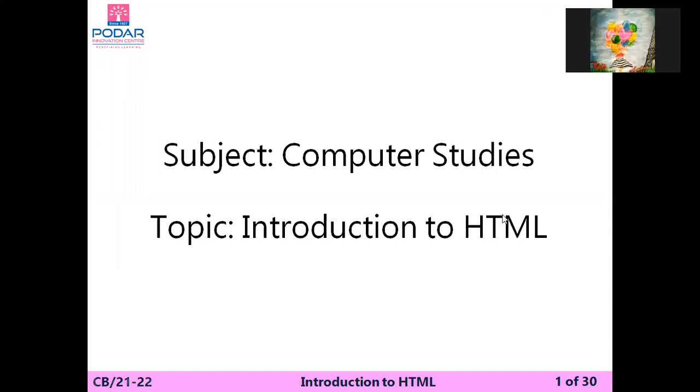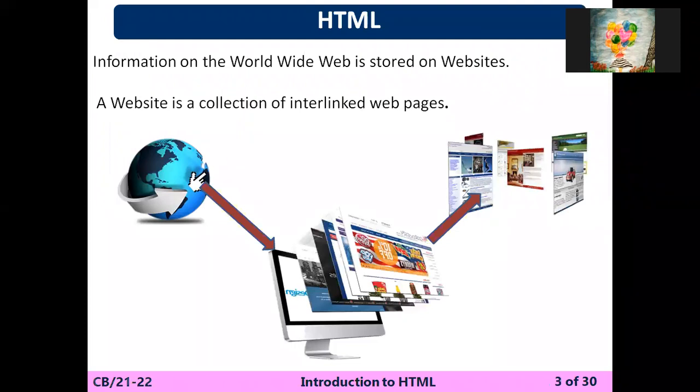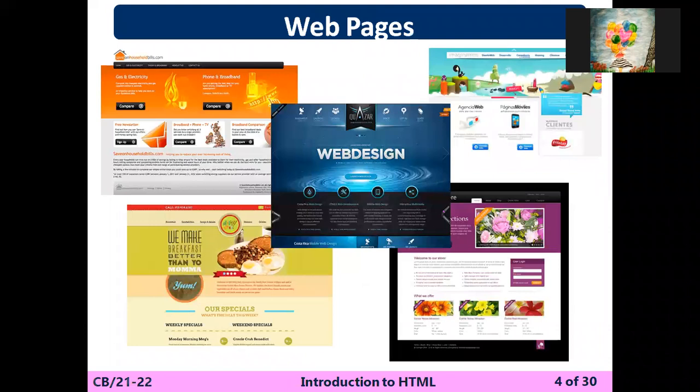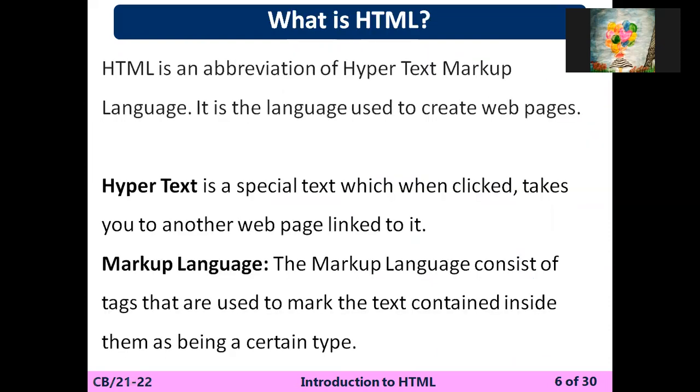So in the previous class, we started a new chapter named Introduction to HTML. In that, we firstly learned what is HTML, why we are using HTML, what is the full form of HTML, what are web pages, web browsers, and websites.